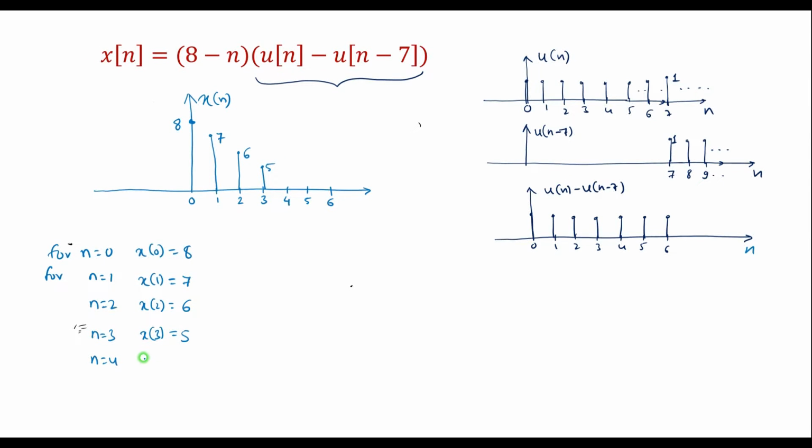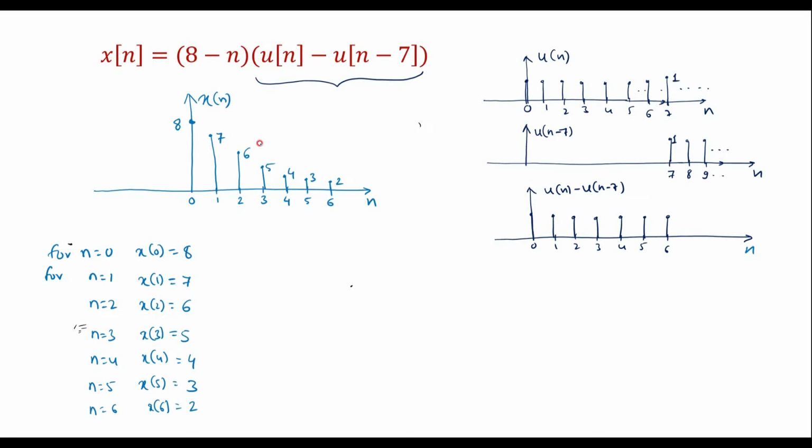At n equal to 4, x of 4 is 4. At n equal to 5, x of 5 is 8 minus 5, which is 3. For n equal to 6, x of 6 is equal to 2. So this is the x of n signal.